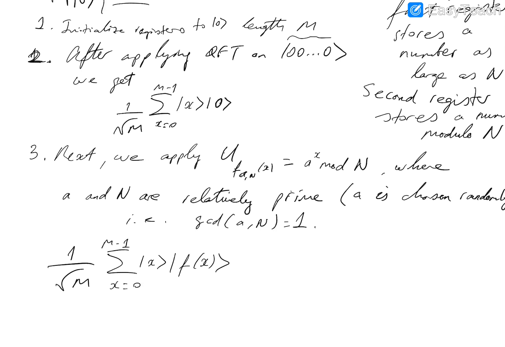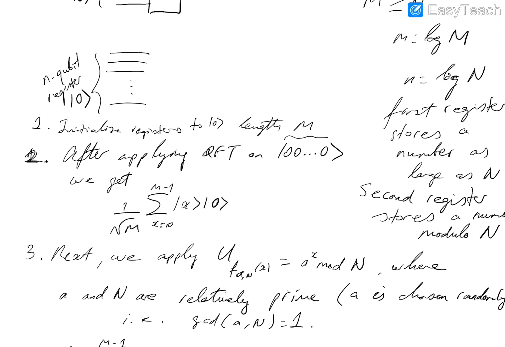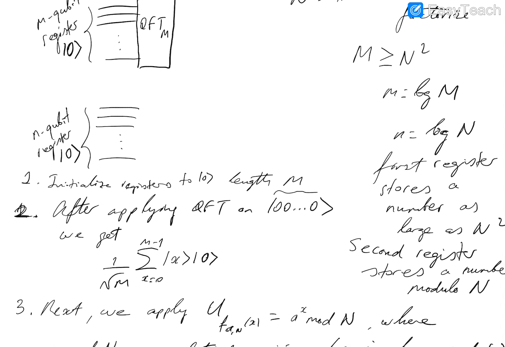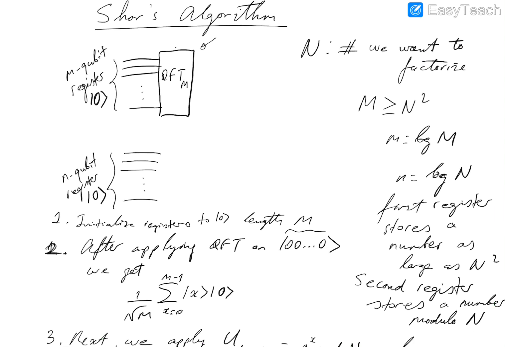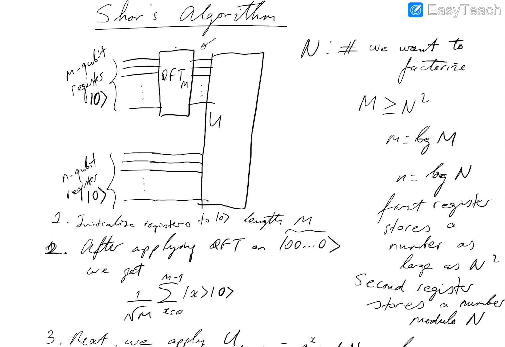All right, so what we do next is then measure the second register. Let me complete the picture. So here we apply the modular exponentiation function U_f, and this is equal to a to the x mod n.